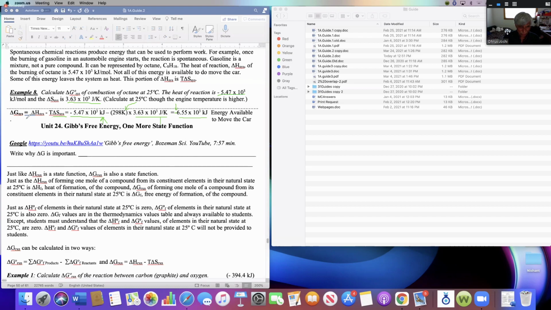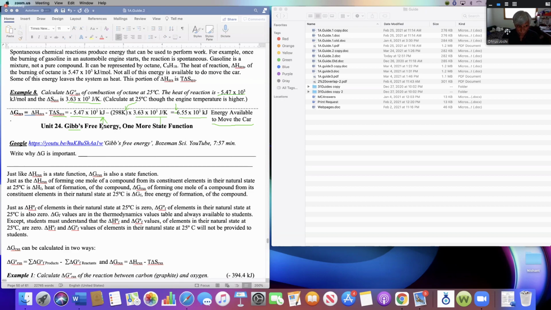And it's also energy available to move the car. This much energy is available to move the car. That's what it means. And this is different than how much energy is produced by the reaction. This is different than delta H of the burning of octane. This is what is available as work to do the work.